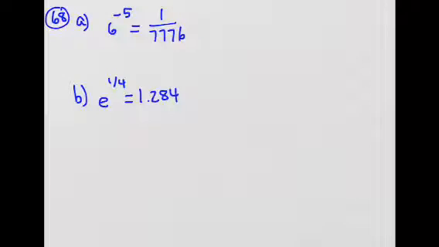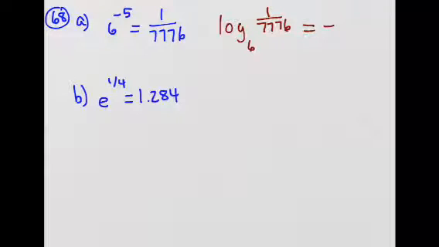Alright, for 68, all you're doing is changing the form from exponential to logarithmic. So here's the base, here's the exponent, and this would be the answer to this problem right here, to this power. So how you write it is log base 6, because that's your base, of 1 over 7,776 equals the exponent.